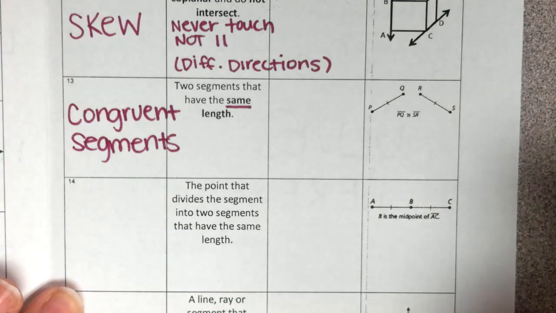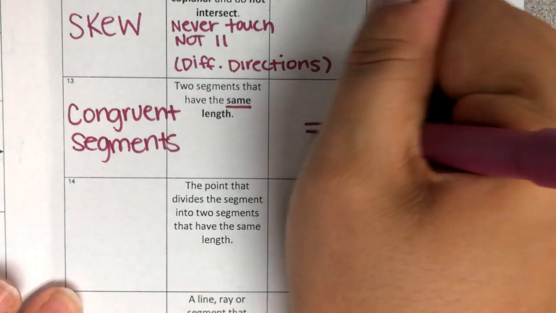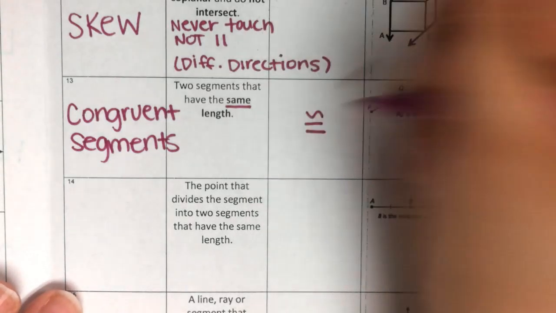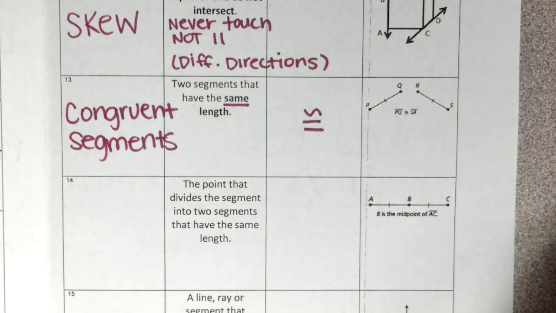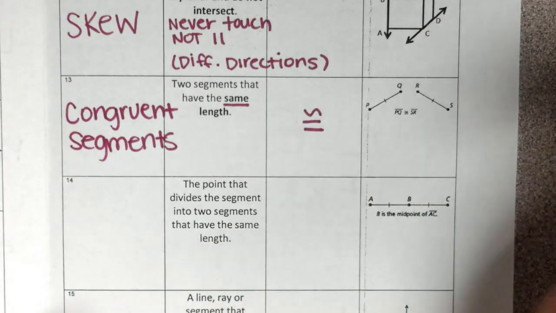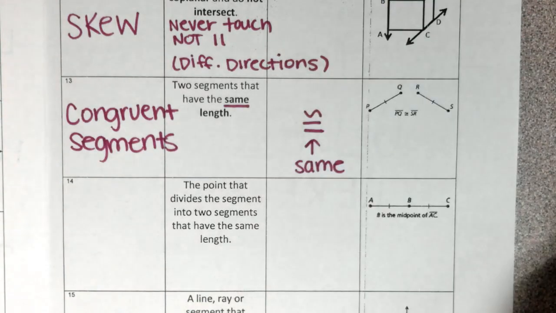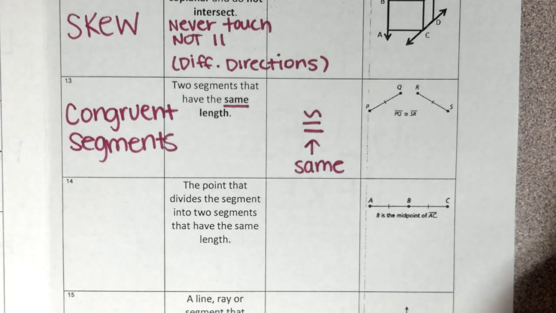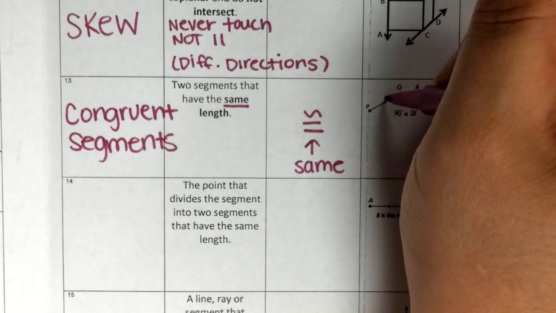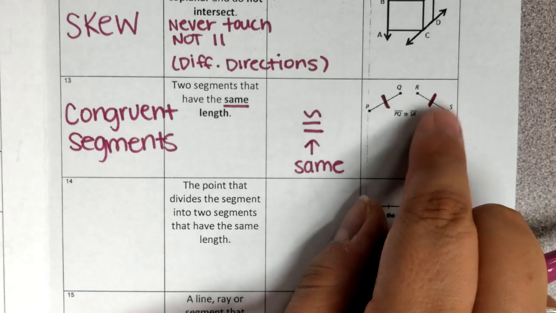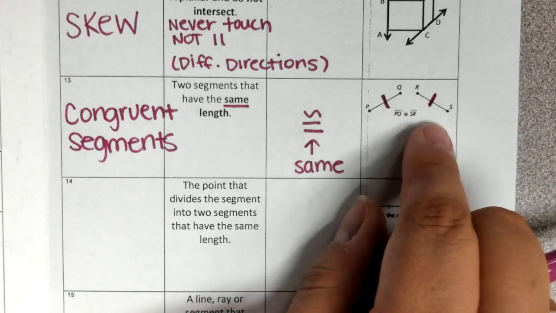In math, the congruent sign looks like an equal sign, but it's going to have a little squiggly up top. Anytime you see this symbol, that means congruent or same. Also, I need you to make really big and bold our tick marks. Anytime you see tick marks, that means they're the same.